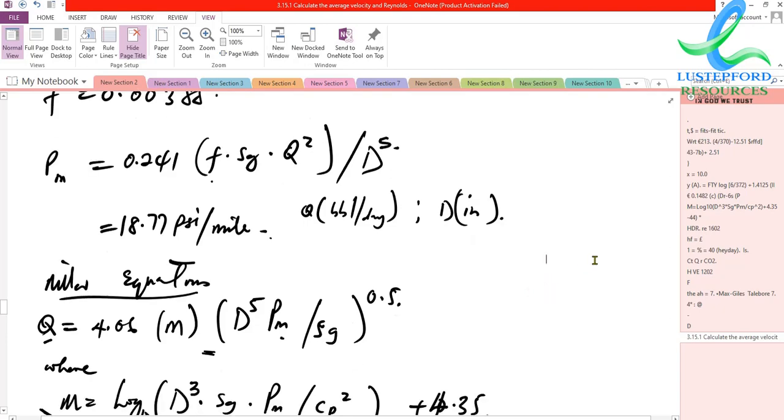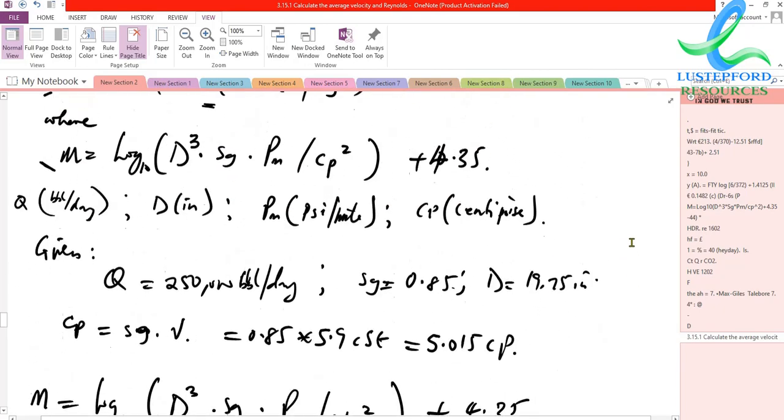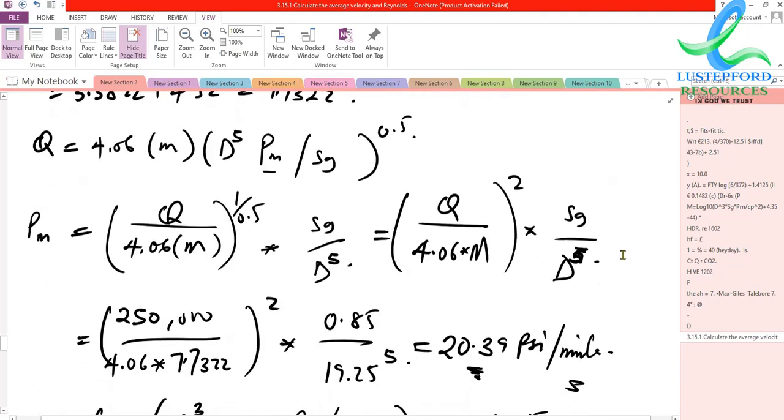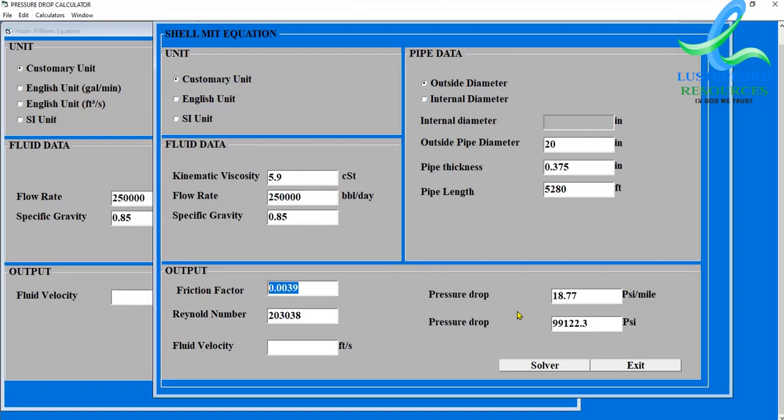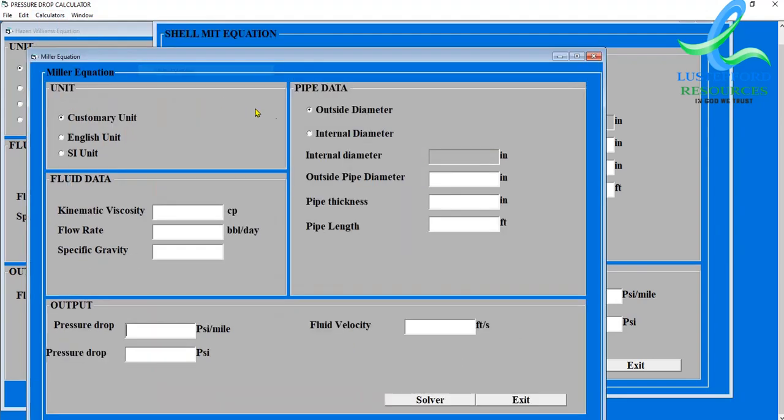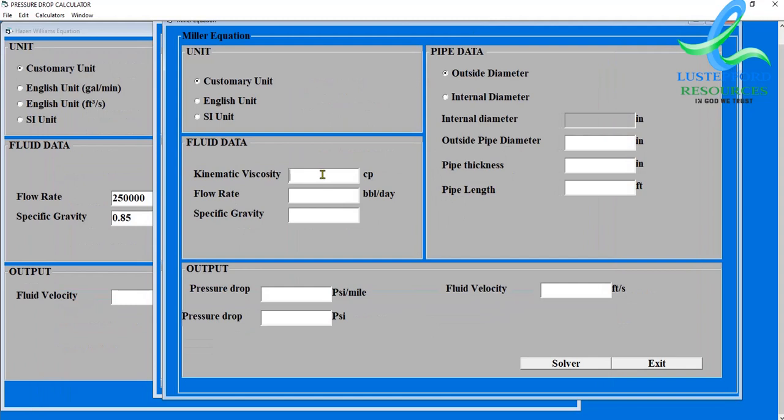Now let's look at the Miller equation. For the Miller equation, let's see what we got. Here is the centipoise, 5.015. If you multiply with the specific gravity, then this is 250,000 barrel per day.